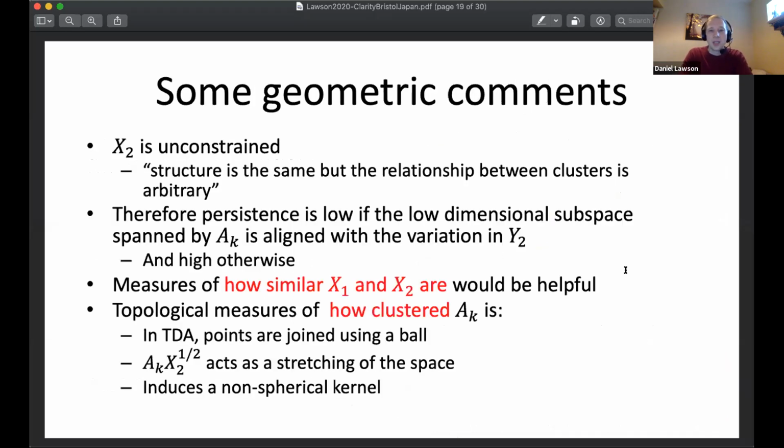Okay, so this is not geometric, but I can make it related to that, I think. So X2 is currently unconstrained. That means the structure is the same and the relationship can be arbitrary.